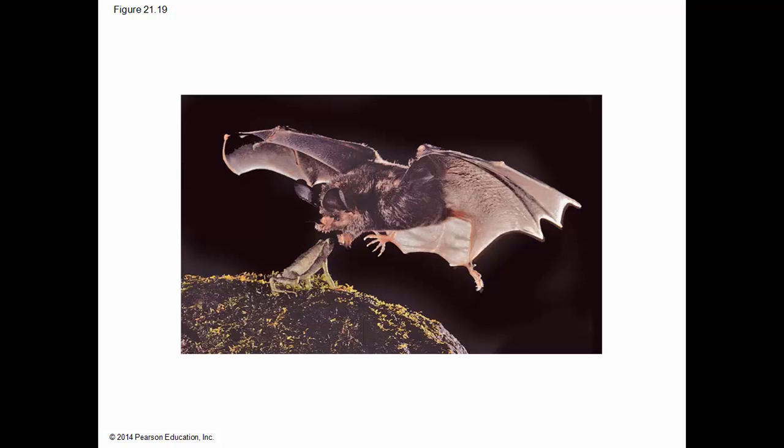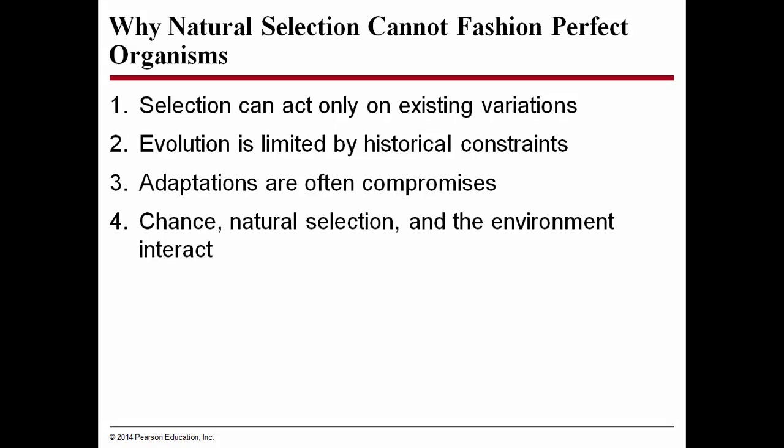Okay, here's a bat eating a frog. Let me go back to that. I just want to stress these again. Natural selection cannot fashion perfect organisms because it's only operating within the constraints of the phenotypes of those given organisms. Selection can only act on existing variations.